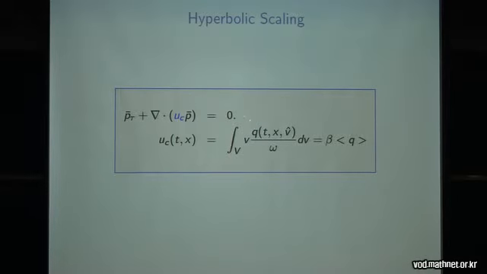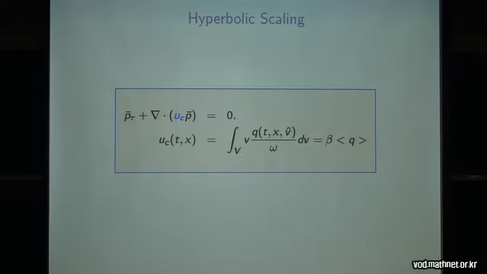So the leading order equation is this, which is a pure hyperbolic drift equation, and the drift velocity u_c is given by this integral of v q over omega dv. Now q over omega is a probability distribution on v, on the capital V here. So this together is the expectation. So the drift velocity is given by the expectation of the fibers.